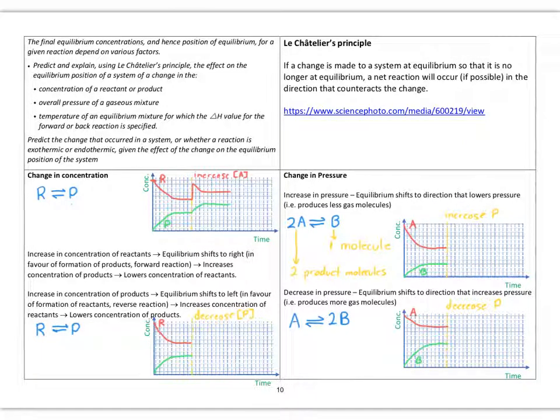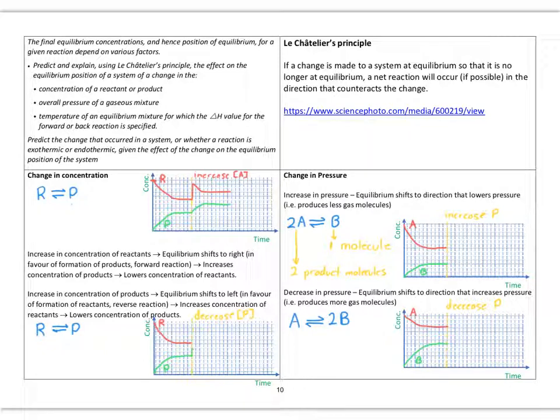Okay, now let's look at what would happen if we have an increase in the concentration of products. So, products here are in green, just put a little P there. Suddenly we are going to increase the amount of product. Now, the reaction is going to say, I don't like that you've increased the amount of product, so I'm going to try and decrease the amount of product.